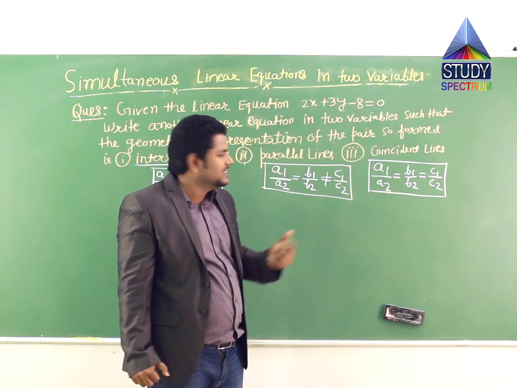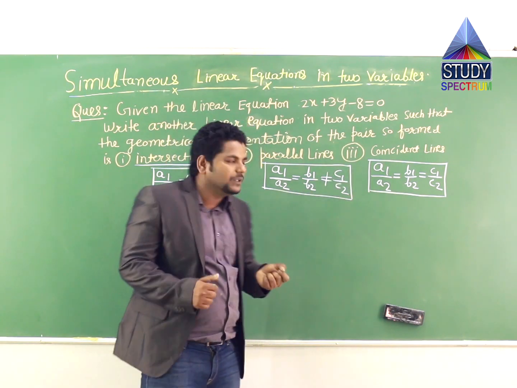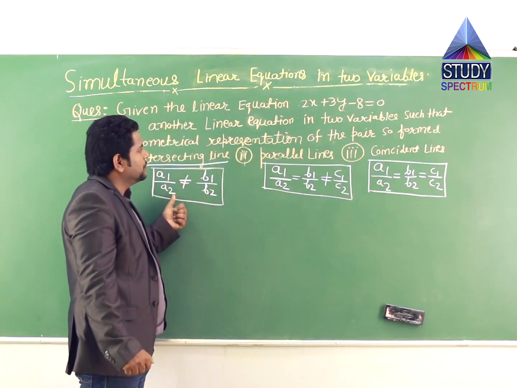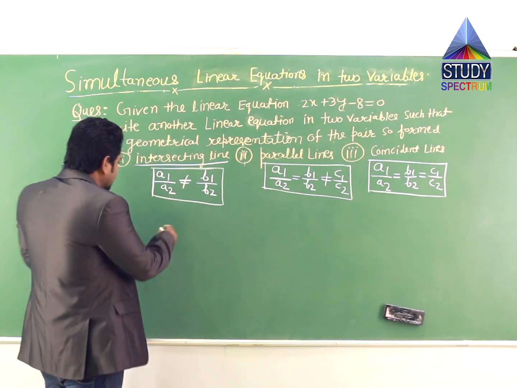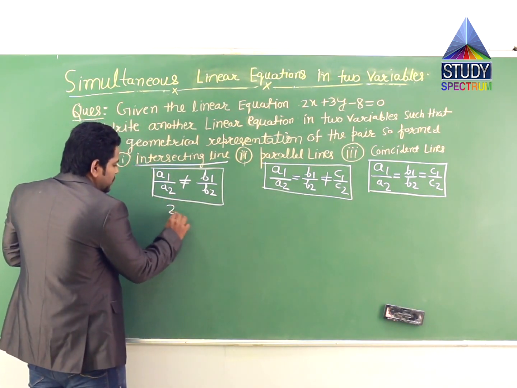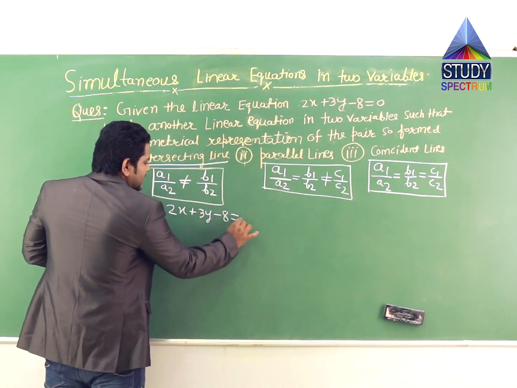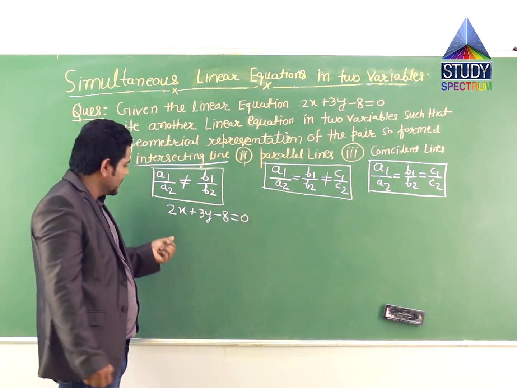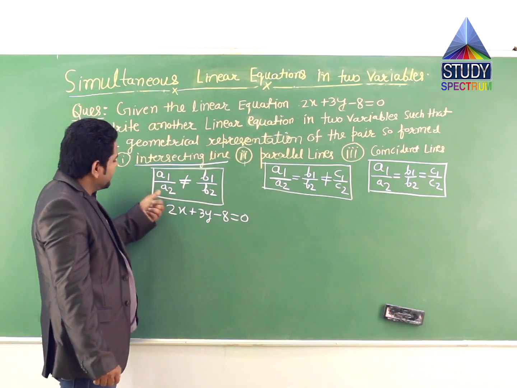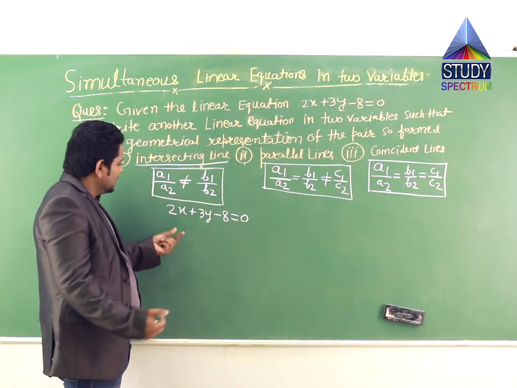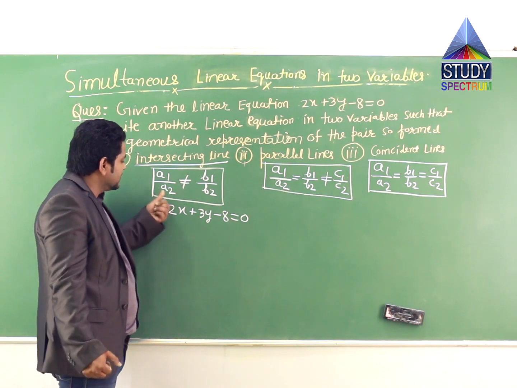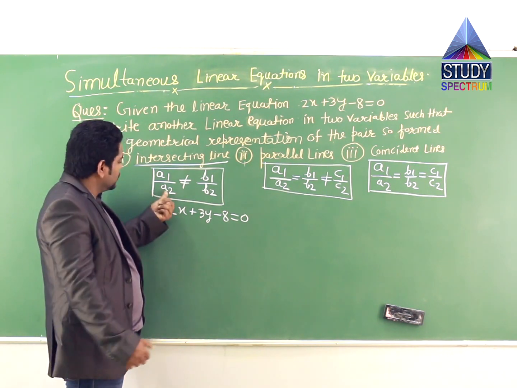First of all, let us understand what A1 by A2 means. Suppose the first equation you have been given is 2x plus 3y minus 8 equal to 0. Suppose A1 by A2 comes to 1 by 2. It means in the second equation the coefficient of x will be 2 times this.